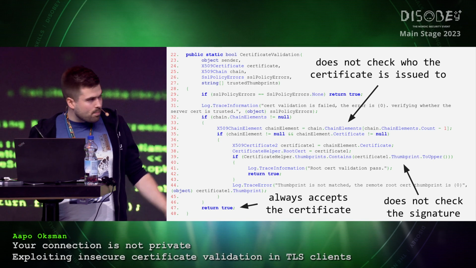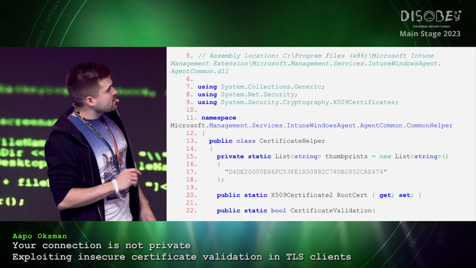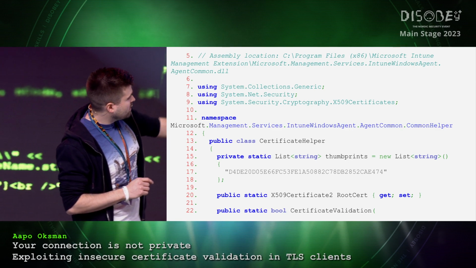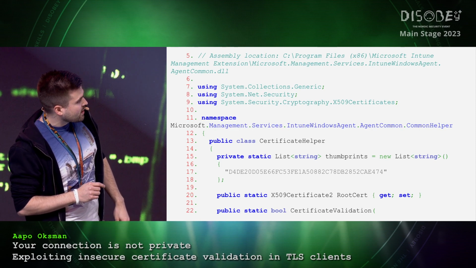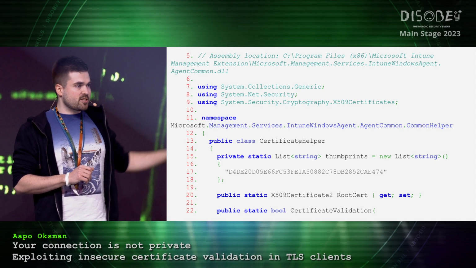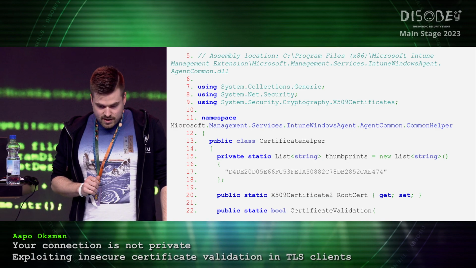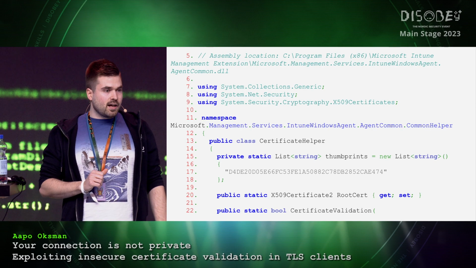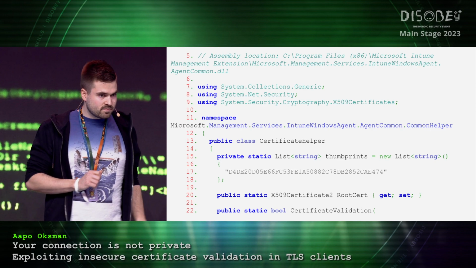If we scroll up in the file, we can see exactly where it's from. So it's from this kind of startup called Microsoft, from this application called Intune. I don't use Microsoft, so I don't really know what exactly Intune does. But apparently it installs stuff on your computer with system access remotely.